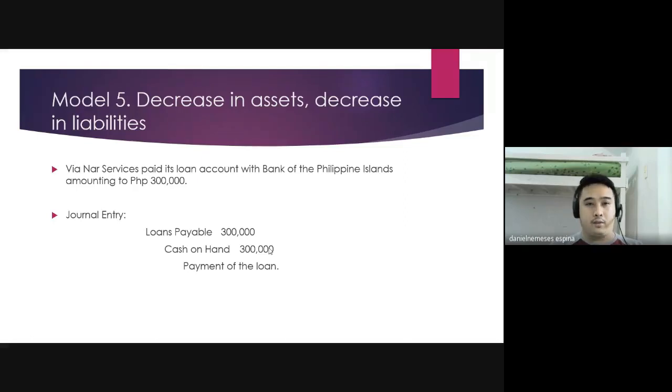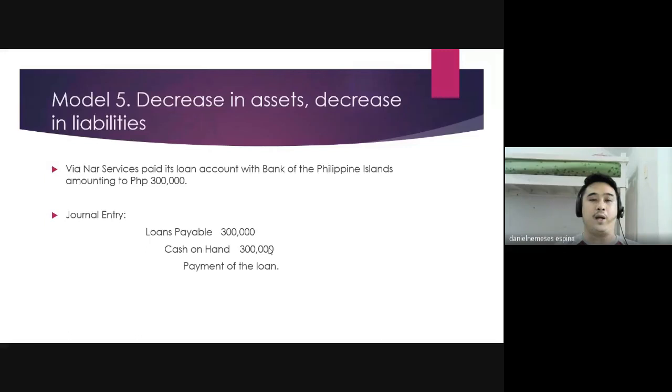So model 5, so you have decrease in assets, also decrease in liabilities. So mao ni gayud kabaliktaran sa pag-borrow og money. So sa model 5, nag-pay na ta sa atong liability. Okay, so atong gipangbayaran ang mga payables. So decrease in assets, so therefore atong i-credit.